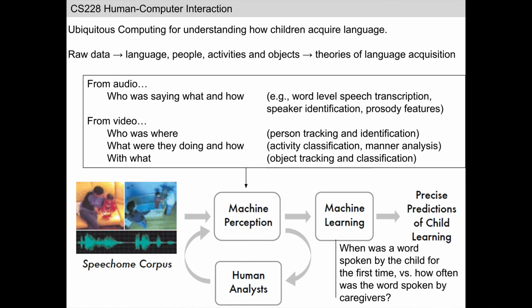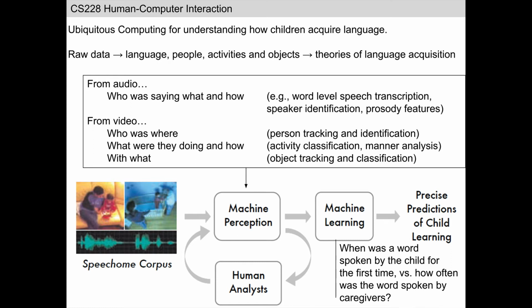If the child says blanket for the first time, let's take Bryce's example of blanket, we can determine where and when in time the child emits the word blanket for the first time. We might be able to then go to the video feed and see a short time later, a minute or two later, does a blanket actually appear? Does the child actually get what they want?